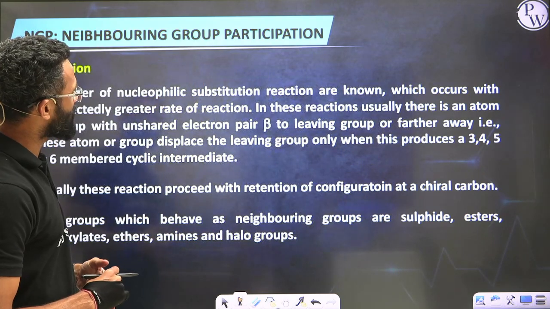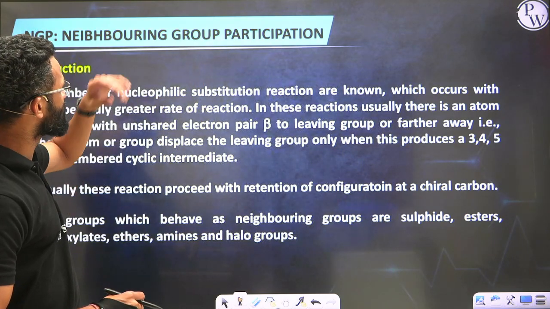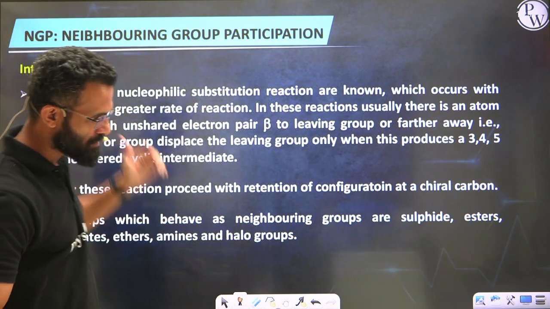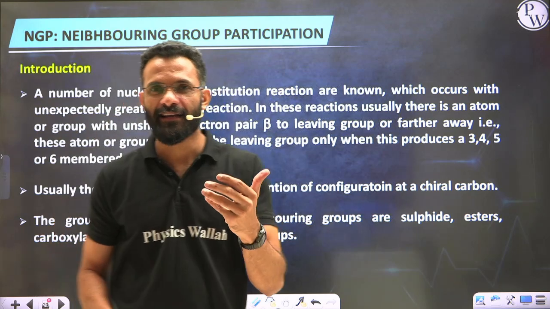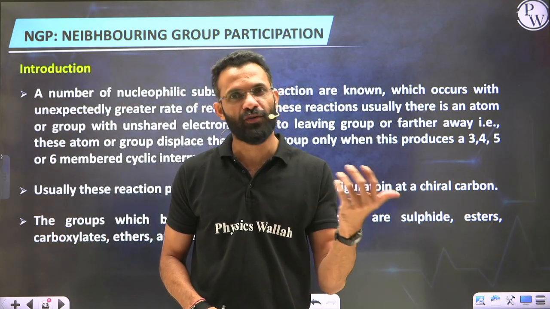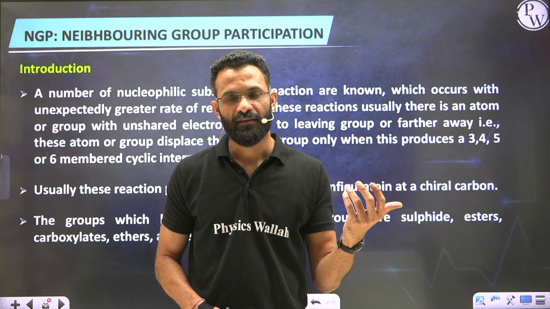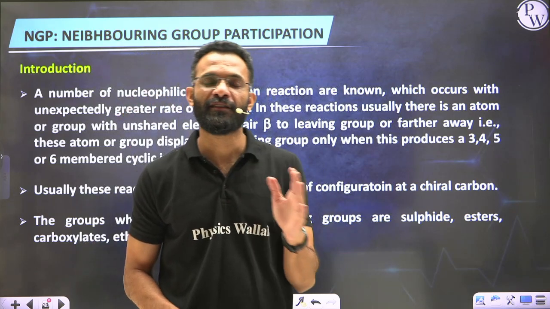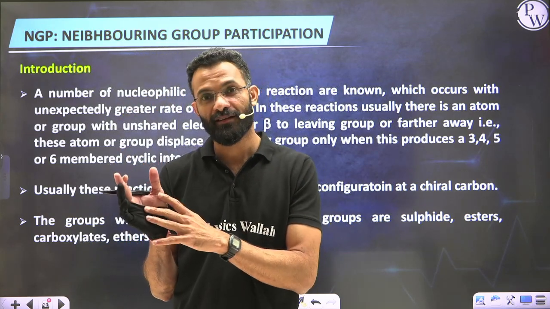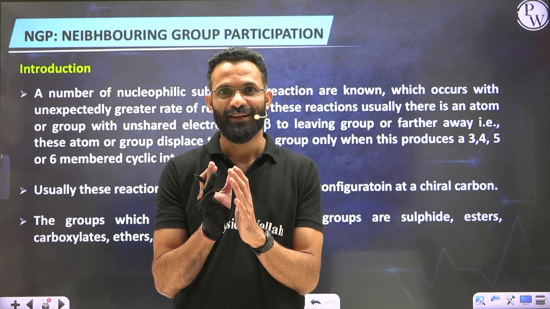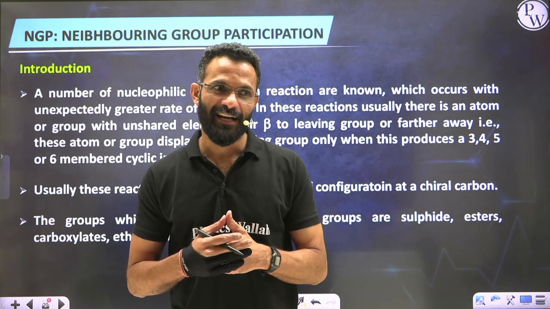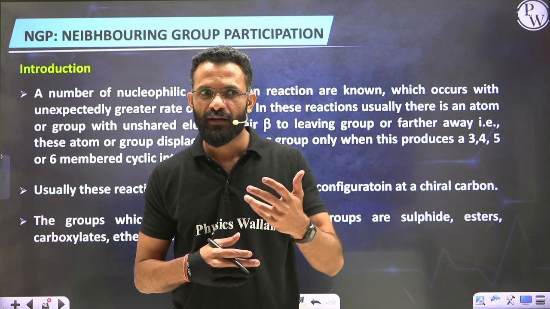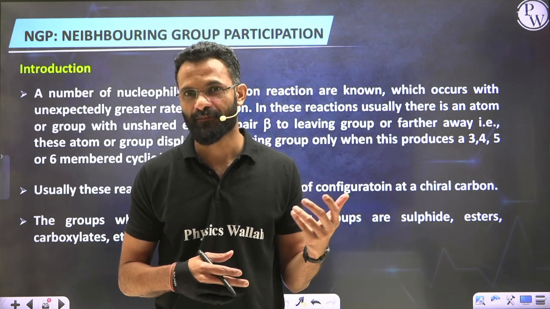Well, what neighboring group participation says, if you see the name of this reaction, neighboring group participation, let's say you have got some primary alkyl halide which is expected to undergo nucleophilic substitution, that is SN2. Well, we have studied that for SN2 the order of reactivity of substrate is methyl halide the most, then second best is primary alkyl halide. So if I've got a primary alkyl halide and I'm expecting it to undergo nucleophilic substitution, of course we expect it to undergo SN2 quite faster.